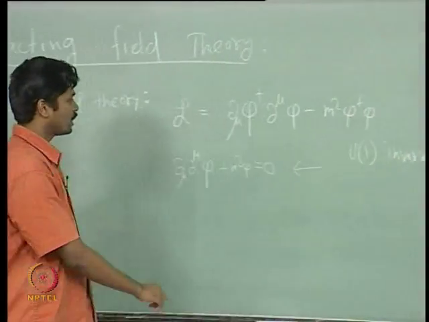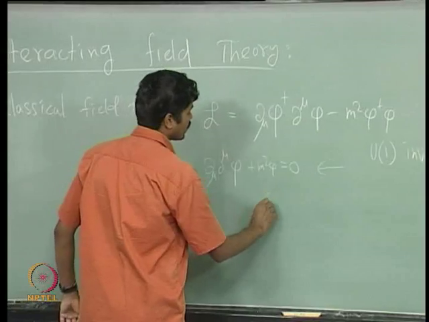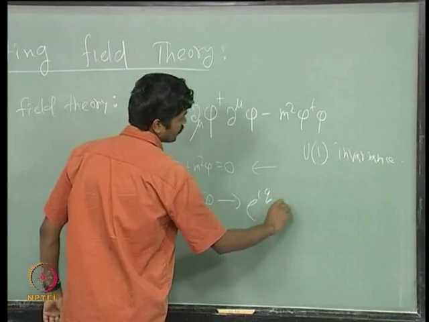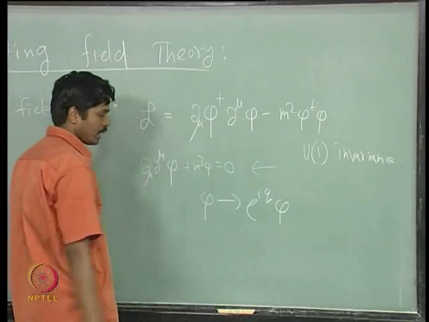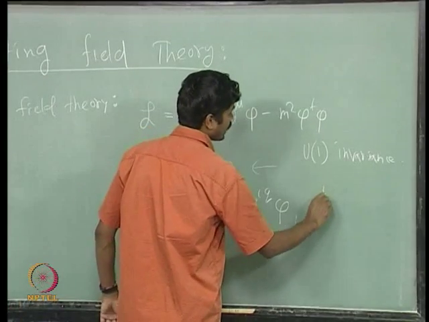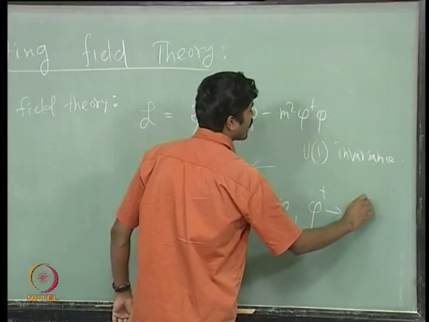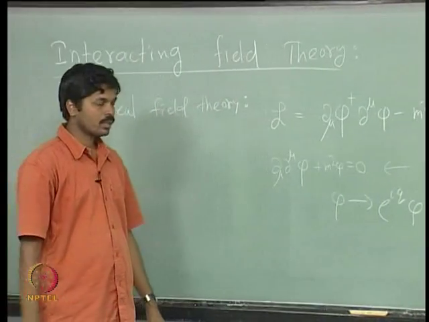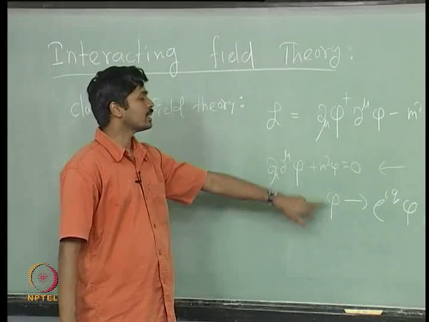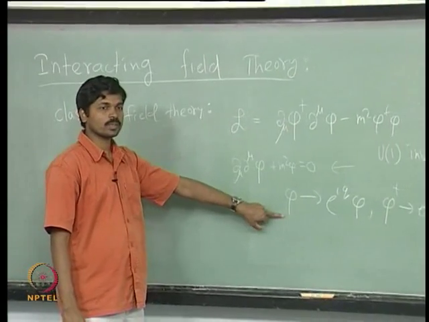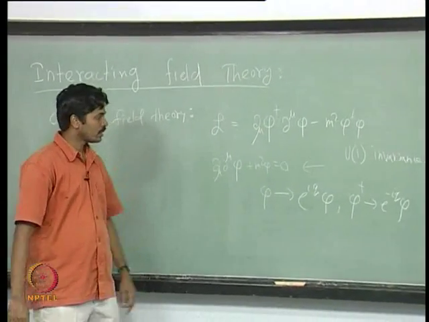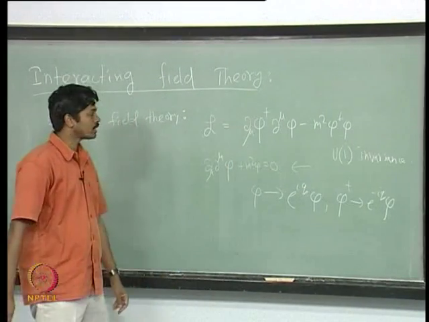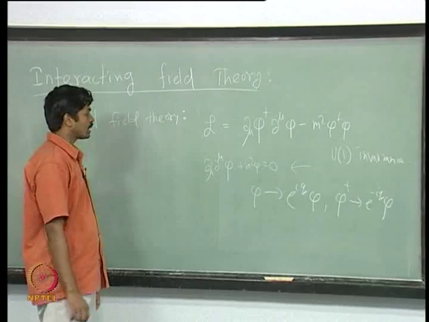That is, if you consider this transformation phi going to e to the power i q phi, and hence phi dagger going to e to the power minus i q phi dagger, then the Lagrangian density is invariant under such a transformation. Here this parameter q is a constant, it does not depend on spacetime coordinates.